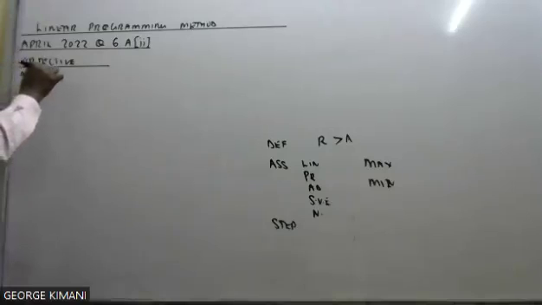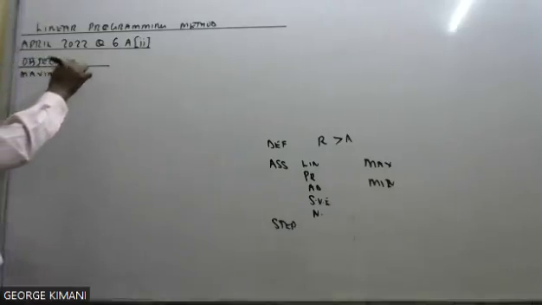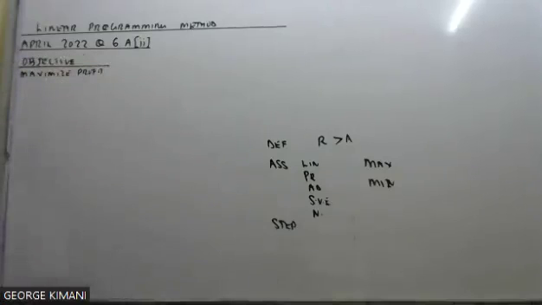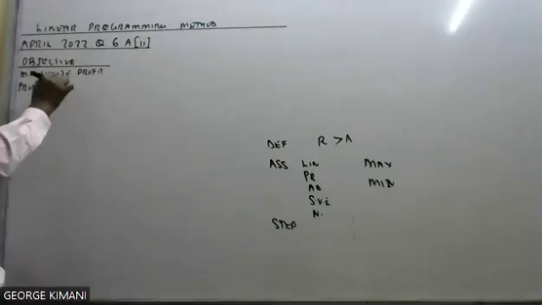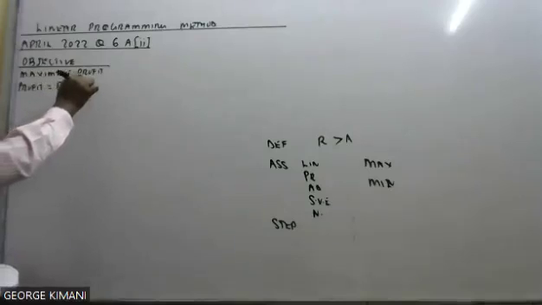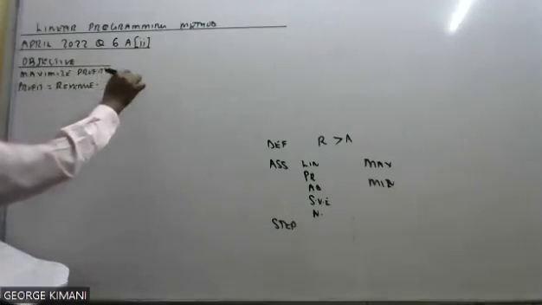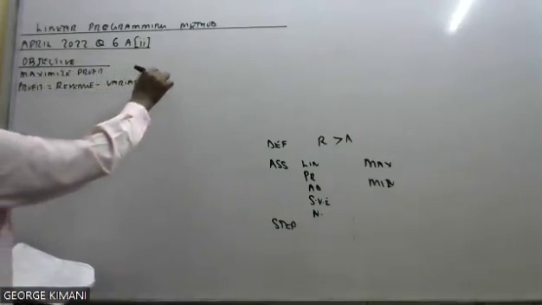It is to maximize profits. And when you say this, I told you the other day when we were dealing with decision making, that you should have the general formula of getting profit. When we are in linear programming, profit is given as revenue minus variable cost, or selling price minus variable cost.